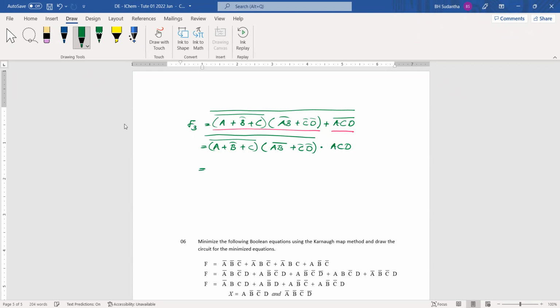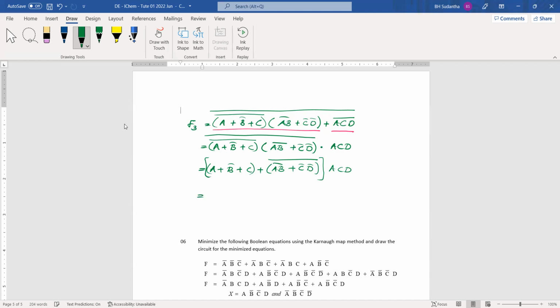Then we can apply De Morgan's again to this one. And this is A plus B bar plus C plus A B bar plus C bar D bar, this is bar. Then outside we have ACD.